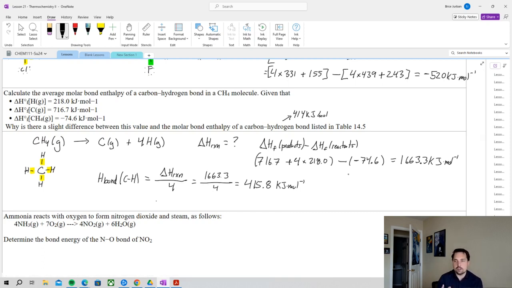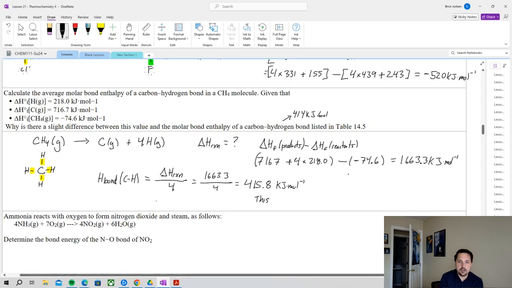It's a complete averaging, right? So like ethane and propane, longer carbon chains as well. So the bond energy is going to vary, and so this is specific to methane, and this is an average of all C-H bonds.